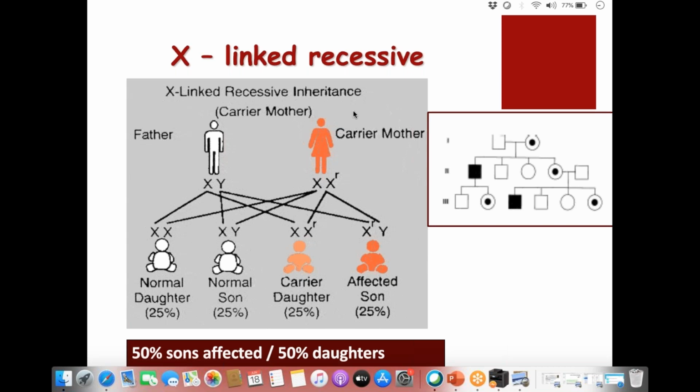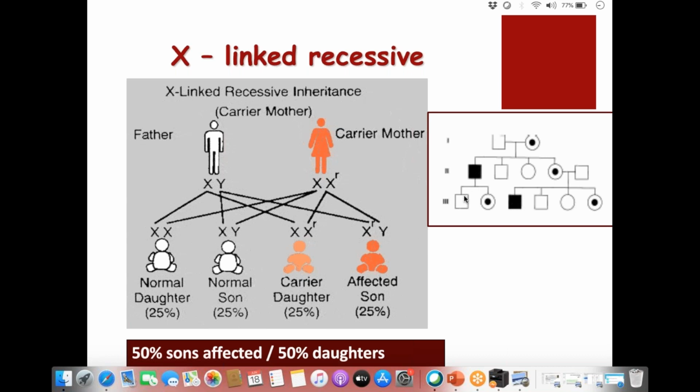So in an X-linked recessive inheritance, you can have carrier daughter and affected son. So the mother who looks normal gives birth to an affected son. So here these mothers are not abnormal. They look absolutely normal, but only the sons look affected. Only the mothers transmit the disorder to the sons.